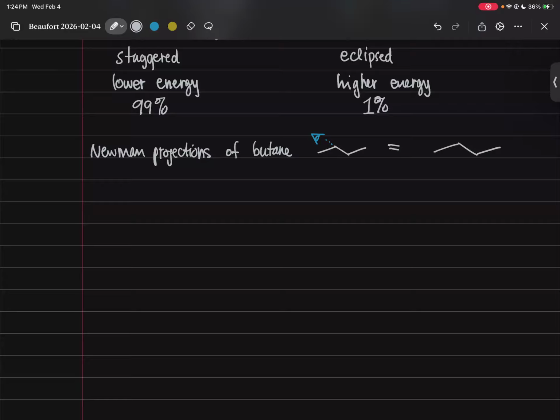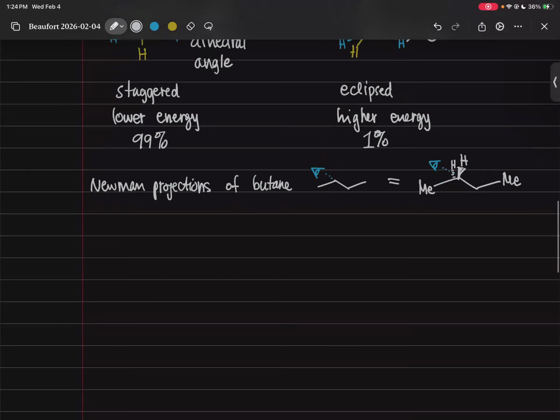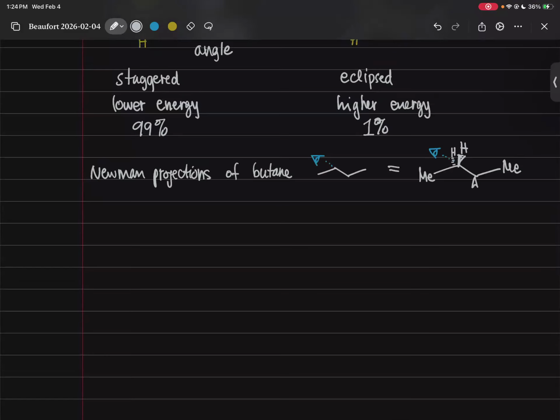Well, of the 2 carbons we're most interested in, so we've got those methyl groups, we're looking right there. So on the left carbon, we have a hydrogen coming toward us and a hydrogen going away from us that are almost on top of each other. And then on the right carbon going down, one of them coming toward us and one of them going away from us.